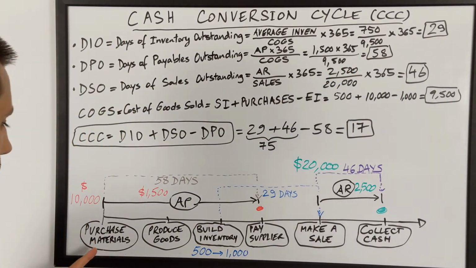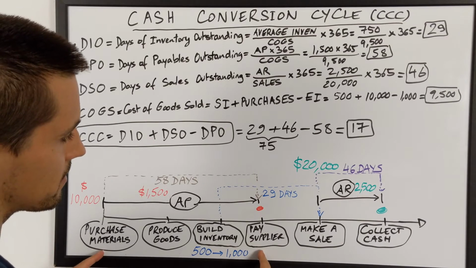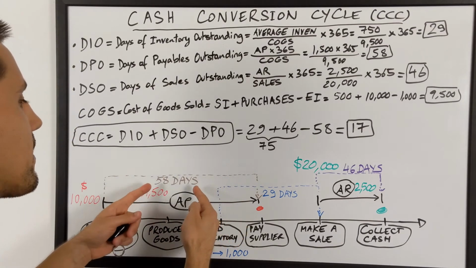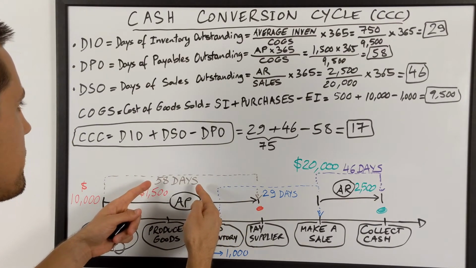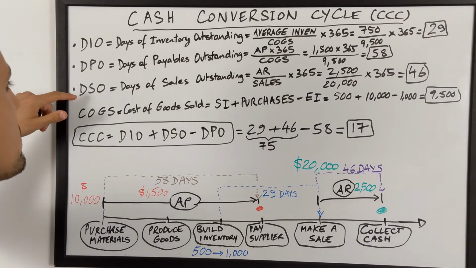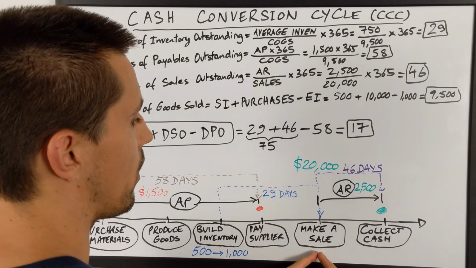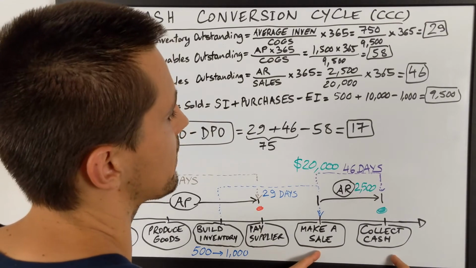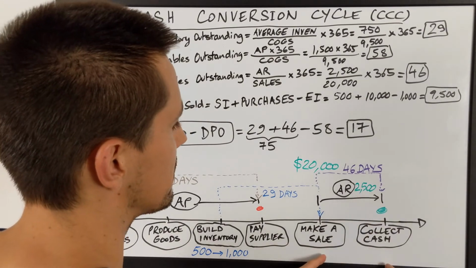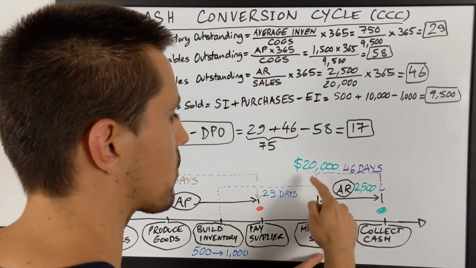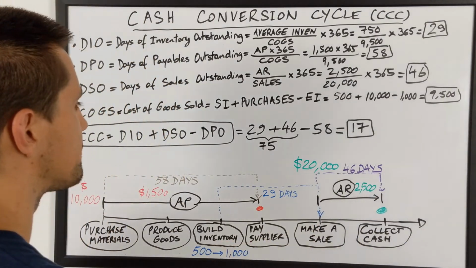What does it mean? Well, it means between my purchase of the material and my supplier payment, 58 days took place. Okay? DSO, days of sales outstanding, the difference between when you make a sale and when you collect the cash. So here it took us 46 days to collect the cash of my sale.